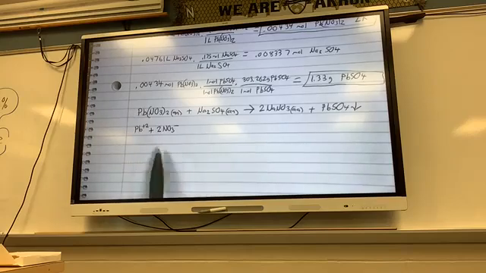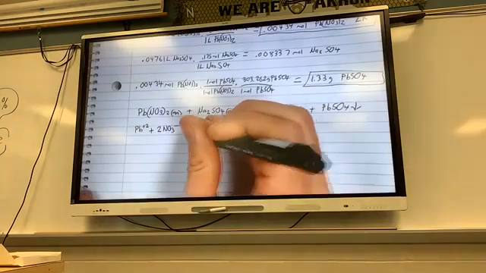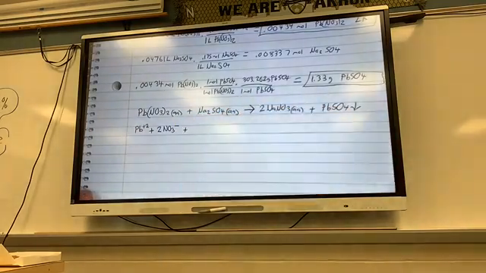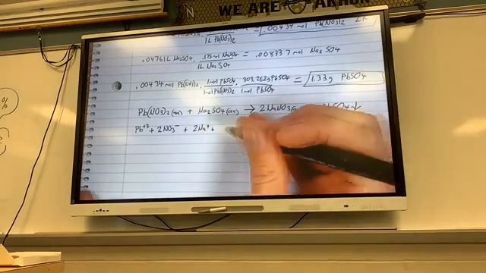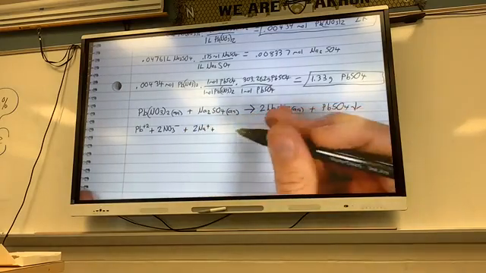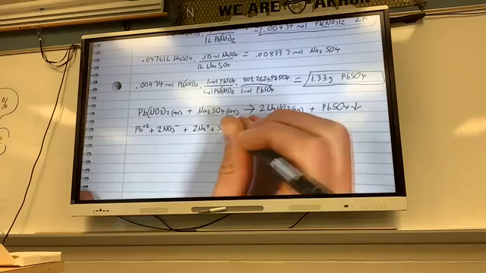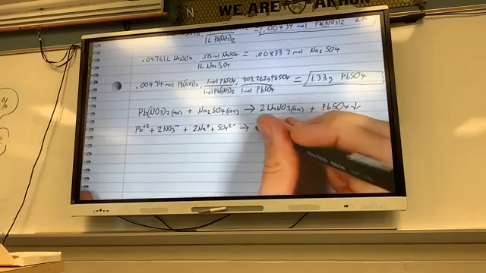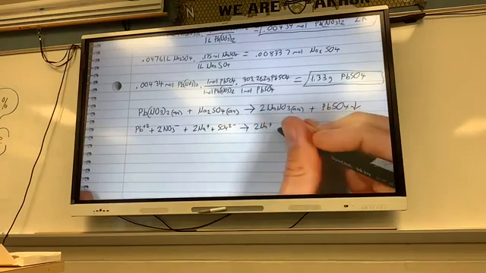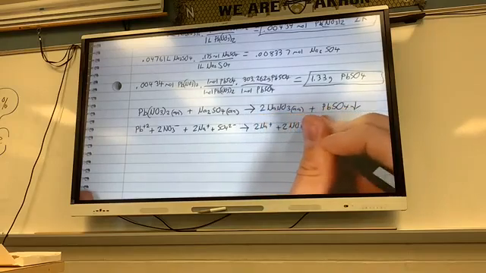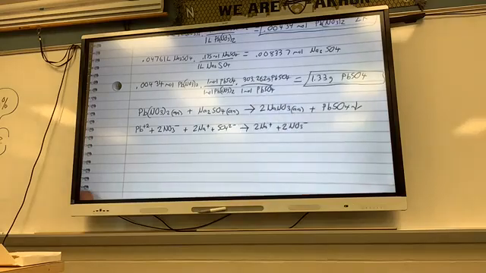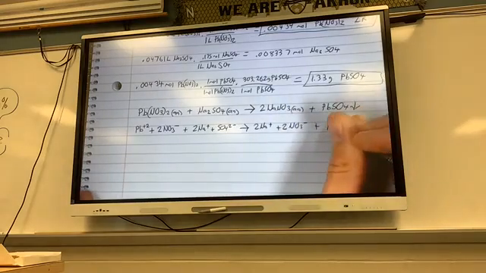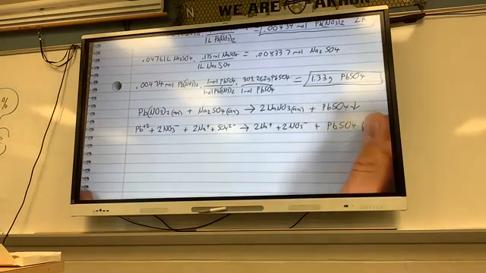So watch out for that. Plus, how many Na plus ions? 2 Na plus plus SO4 2 minus gives me 2 Na plus plus 2 NO3 minus, because this 2 distributes to both ions, agreed? Coefficient, plus PbSO4 precipitate.